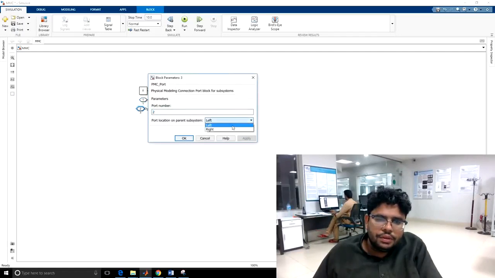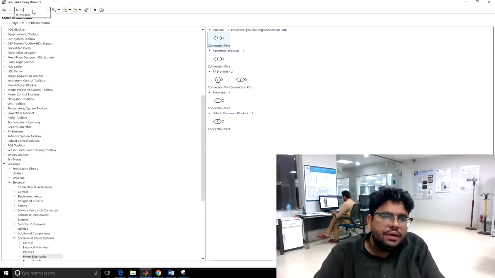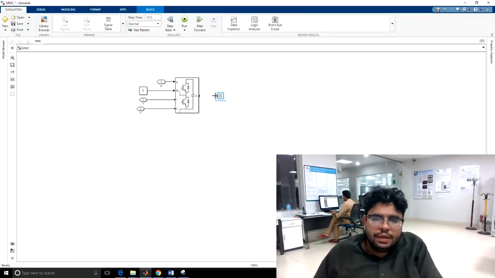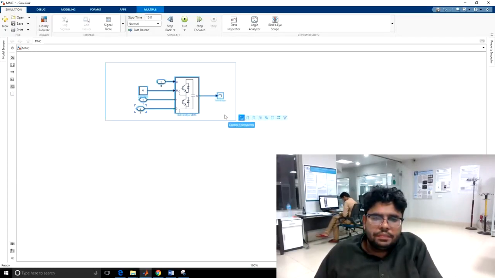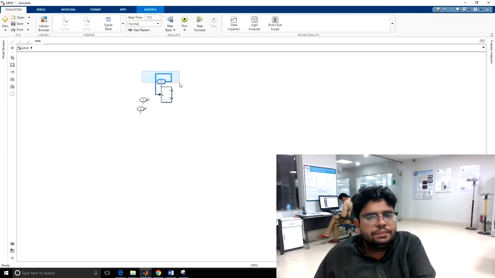Port location on parent subsystem should be right side, and we are not using the M terminal, therefore we pick up a terminator and we connect this terminator here. Let's create a subsystem from here. So this is one submodule.